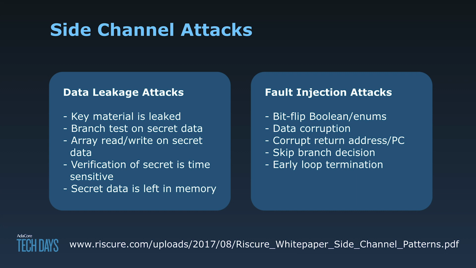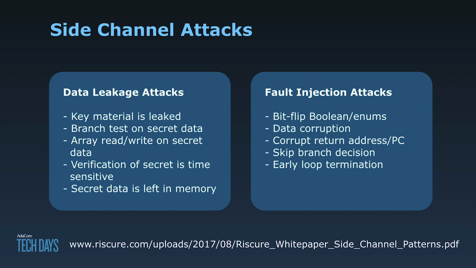Or something much more subtle, that's the execution time or the power consumption of your application depends on some secrets. And that can be whether, for example, a test in your code depends on secret data, but also that you're reading or writing an array that has secret data, and even that can be exploited by attackers. So it can be very subtle.